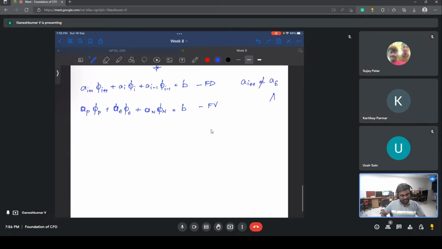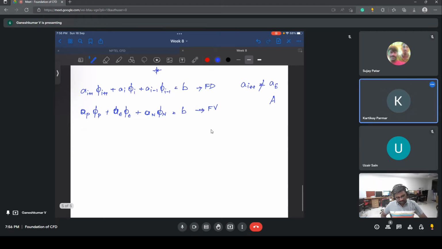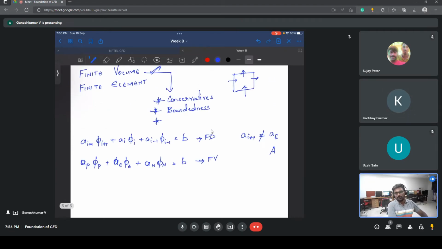And as I said, there will be an area term in every coefficient, so in that way you can find it. I need to check whether it is finite difference or finite volume, but usually people write for finite volume only.